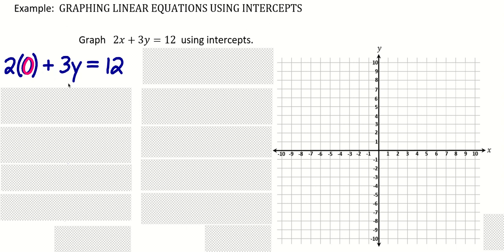Why is this going to work? Well, think about it. It's not that tough of a question. Why does plugging in 0 for x flush out your y-intercept? Because think about anything on your y-axis. All these possible y-intercepts, isn't the x-coordinate always 0?